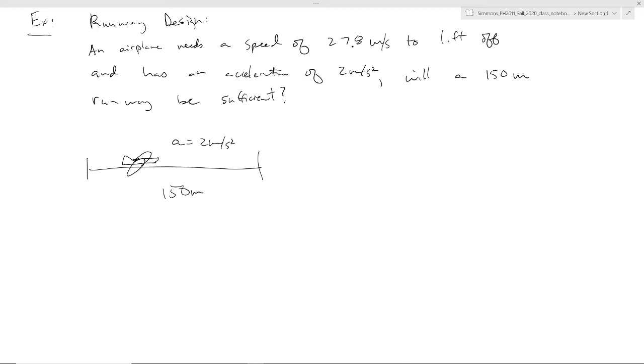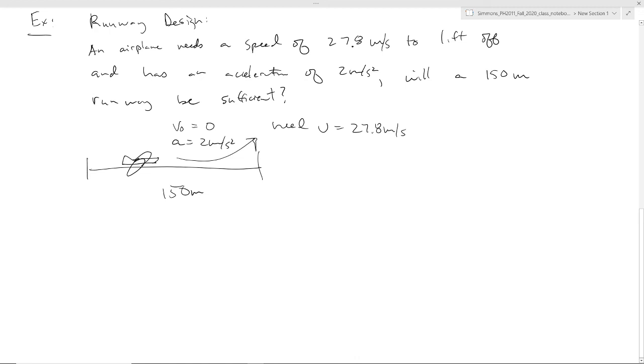Sometimes there's information that's not explicitly given. Another piece of information that we know is that this airplane is going to start from rest. So that's a way of saying that V naught will be 0. And we know that we need V to be 27.8 meters per second in order for this thing to be able to take off.